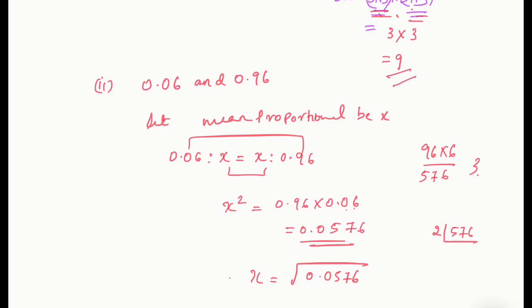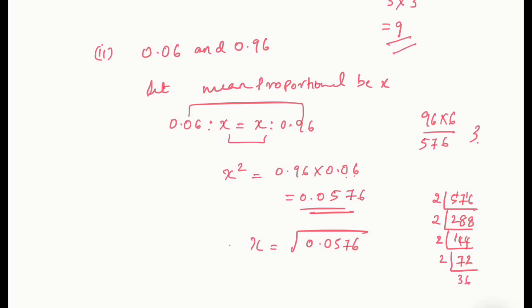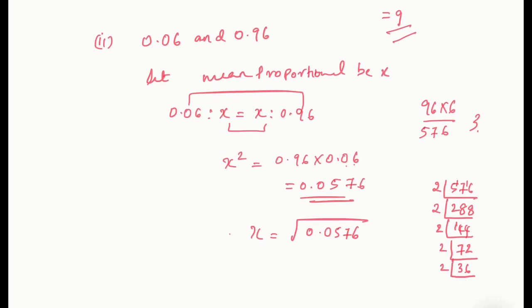Again 576, I can find the root like this. Divide by 2: 2 into 5 goes 2 times, 1. In 17, 8 times, 1, 8. 2s are 144, 2s are 72, 2s are 36, 2s are 18, 2s are 9, 3s are 3, 1.